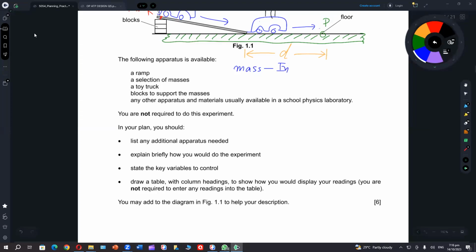So it is my independent variable, and the distance is, this is my dependent variable.